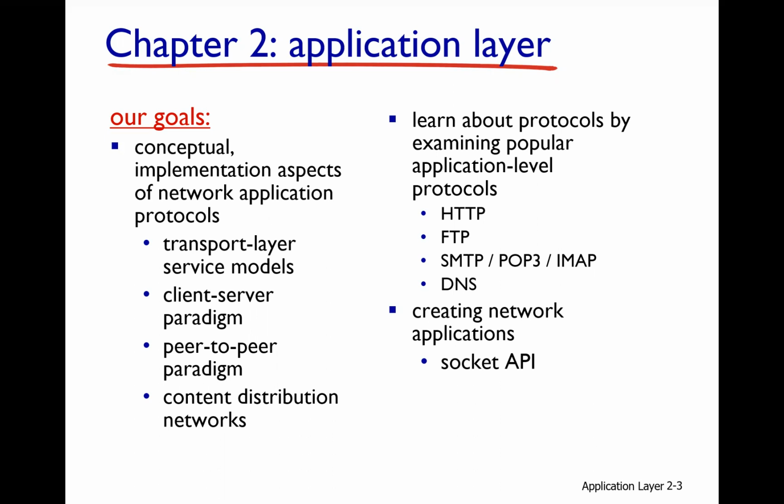An interesting feature of application layer protocols is that this will be a good opportunity for you to practice some network programming using them. In the textbook, they have a socket API, which is essentially the interface between the application layer and the transport layer.